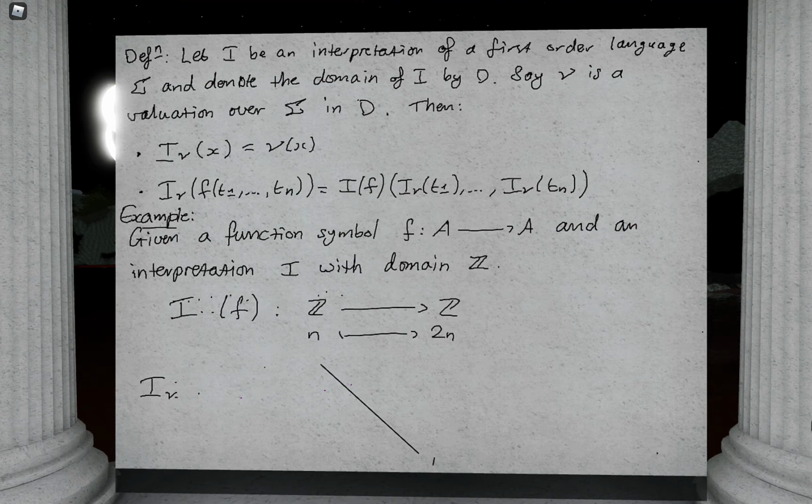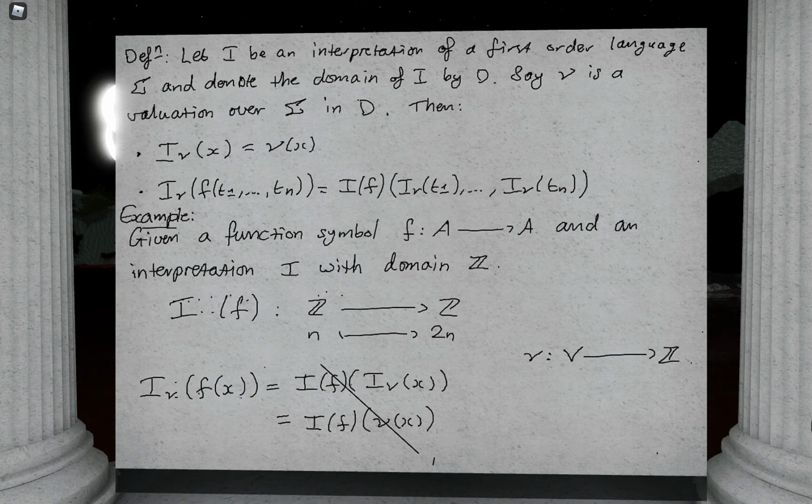So the interpretation of f of x is equal to the interpretation of f applied to the interpretation under nu of x, which is equal to the interpretation of f applied to nu of x, right? But I don't know how to take the next step. Going this far was my main goal, just showing how this definition works.